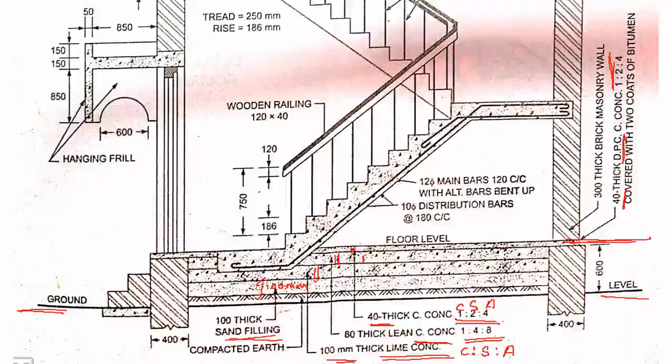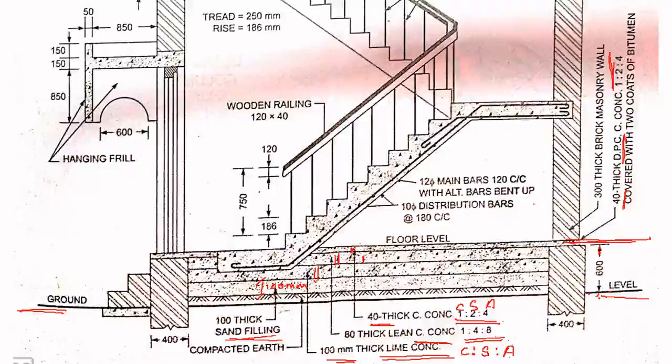This is for the purpose of damp proofing. Now this distance is totally 600. Up to this it is 600. Now, this is called floor level.